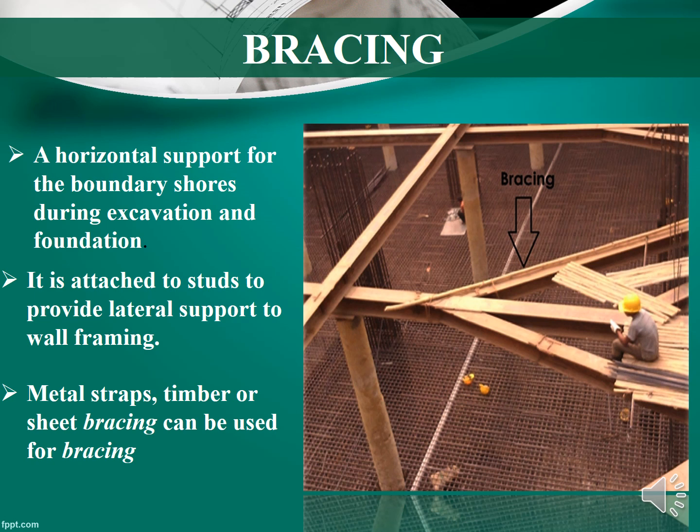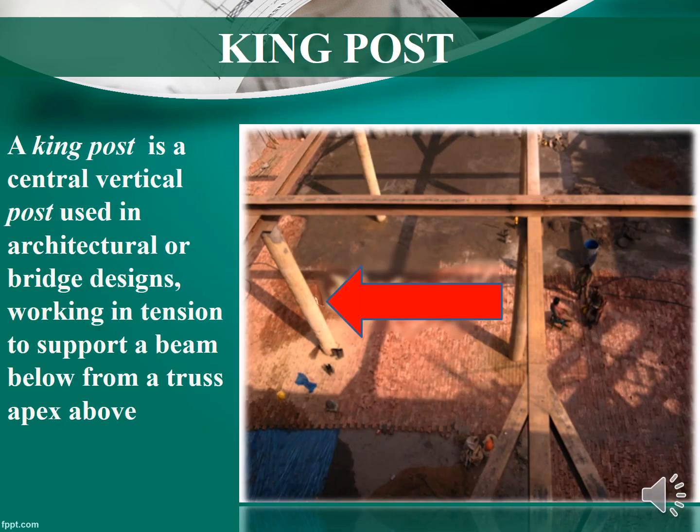Metal straps, timbers or sheet bracings can be used. Then the king post, as we have discussed, is nothing but the tension member, just above the center of the truss and below the support beam, to support the beam.